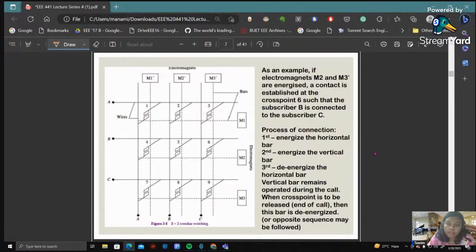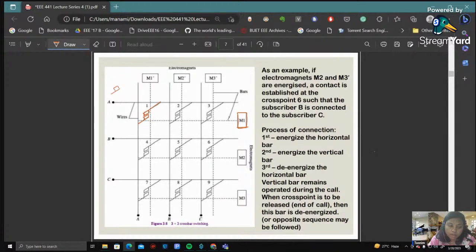As an example, okay, so this is the bar that we were talking about. If we look closely, it's 3 into 3 switching, obviously 1, 2, 3, 4, and for each of the bars, the magnets are connected just in the centers, and the wires are attached in the horizontal and vertical direction, and for each switch the crossbars are connected like in this manner.